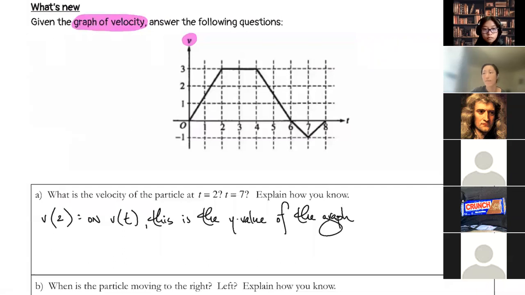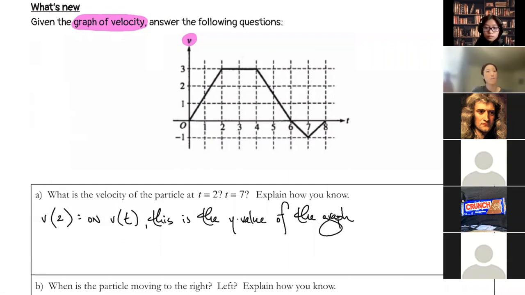How come it's the y value of the graph? Yeah, that's what's on the x-axis, right?